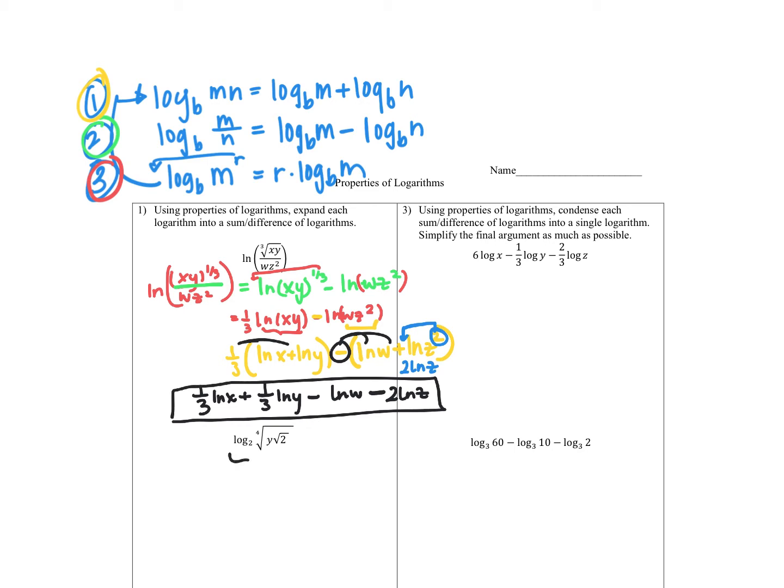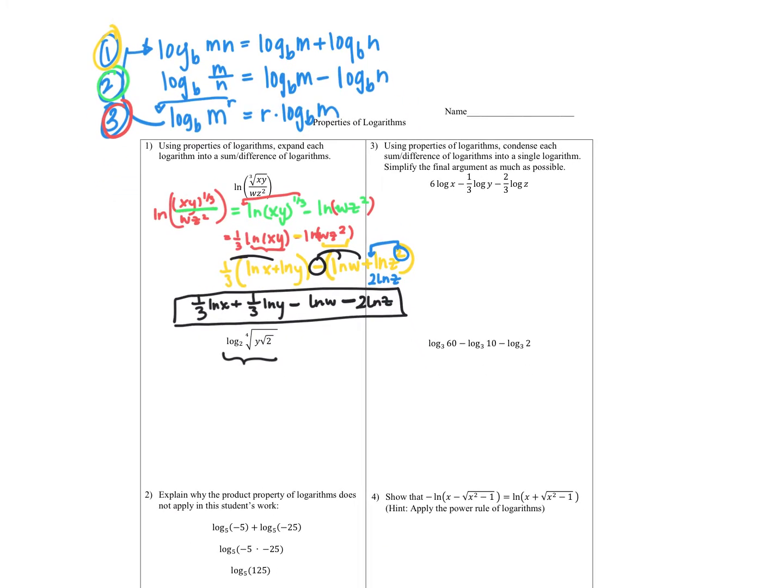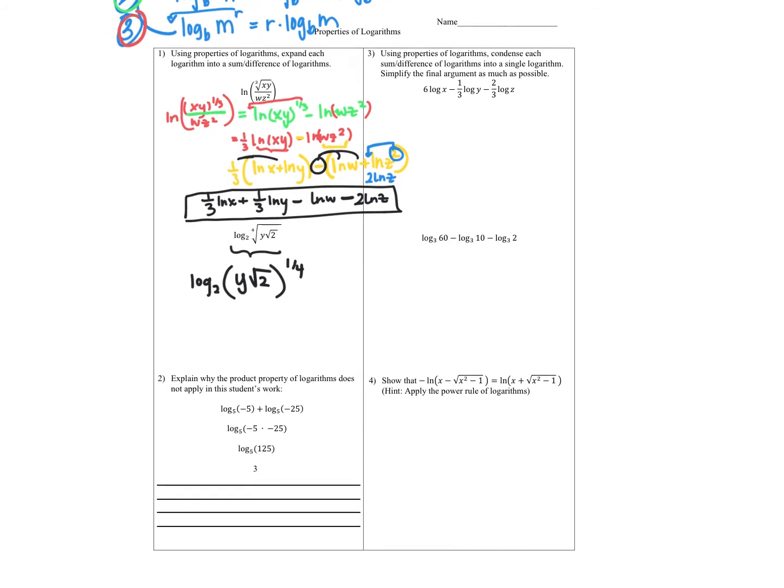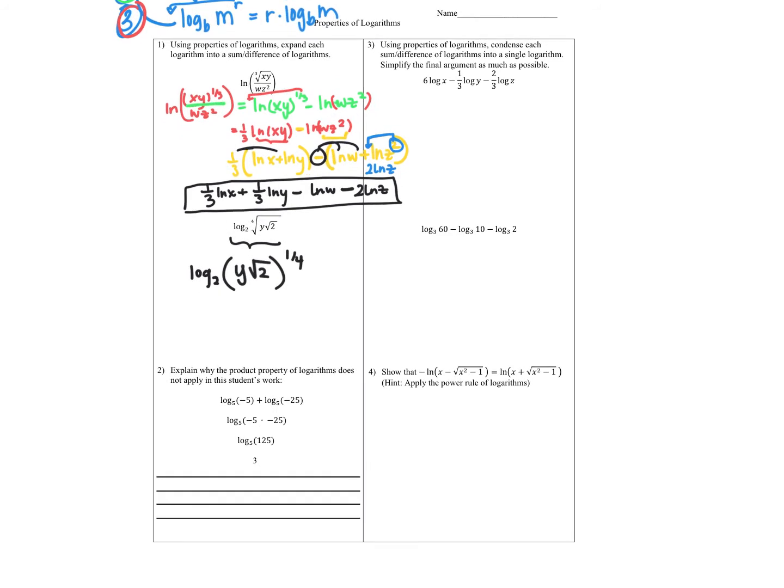All right. For this next one, again, those radicals I want to rewrite. So this is going to be log base 2. That fourth root means y radical 2 to the 1/4 power. And I also have the square root of 2 inside there, so I could rewrite this as log base 2 of y times 2 to the 1/2, all to the 1/4.